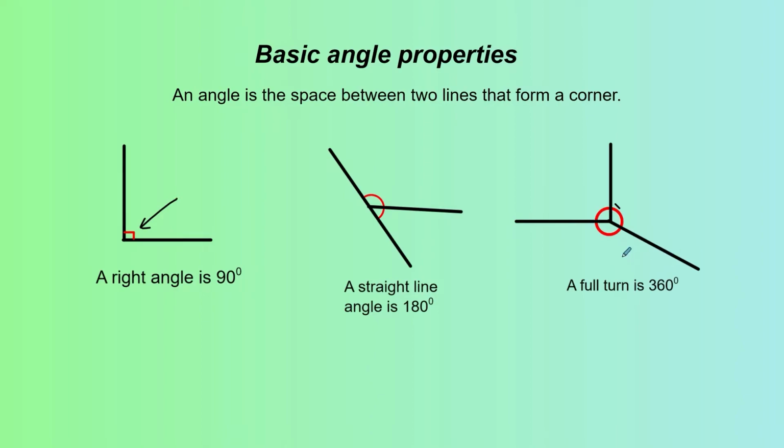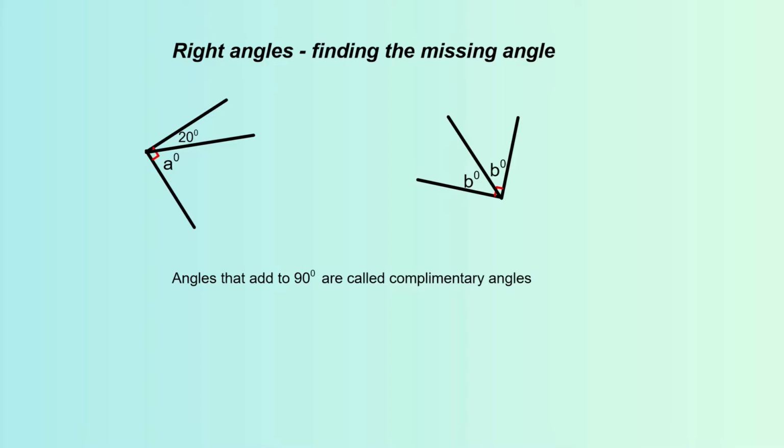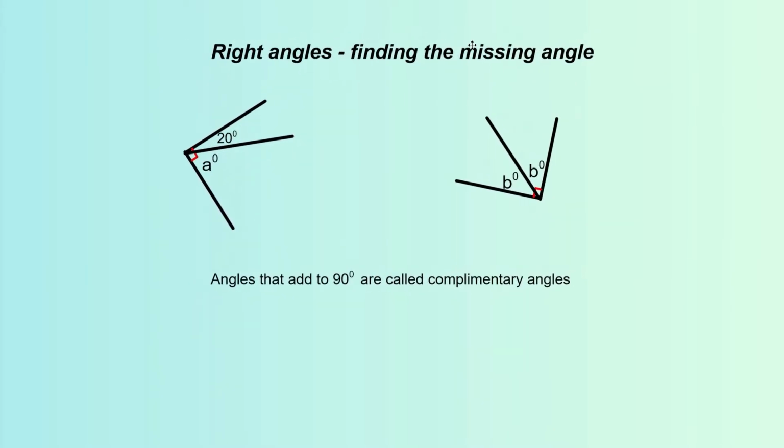So a right angle, a straight line angle, and a full turn. Now, what we're going to do is look at how we can use that to do some calculations and find some missing angles. So let's start off with right angles. In a right angle, we've got a couple of diagrams here. You can see that the right angle is on the outside here, but it's been split into two different corners.